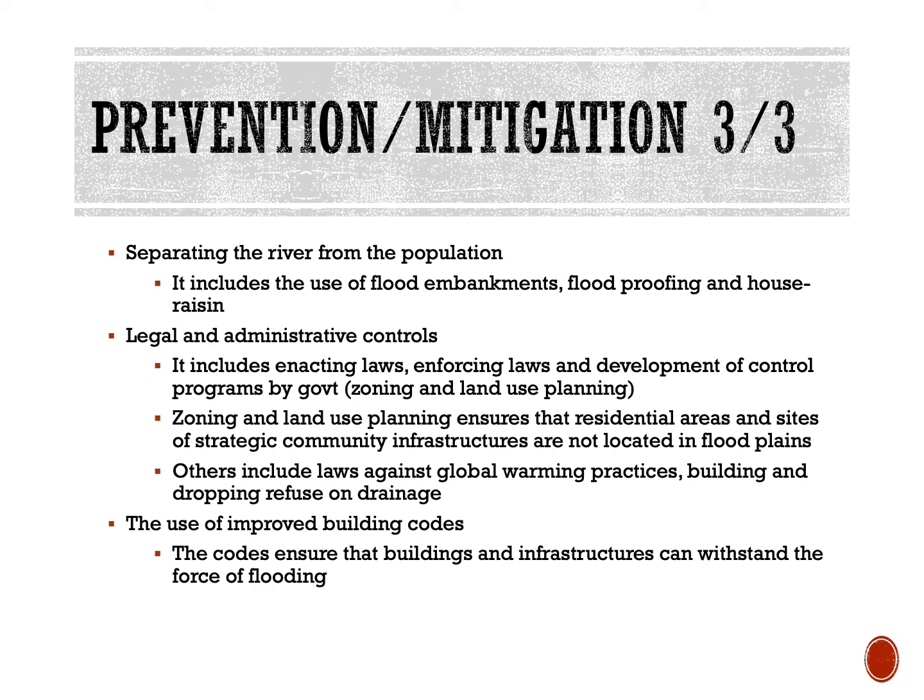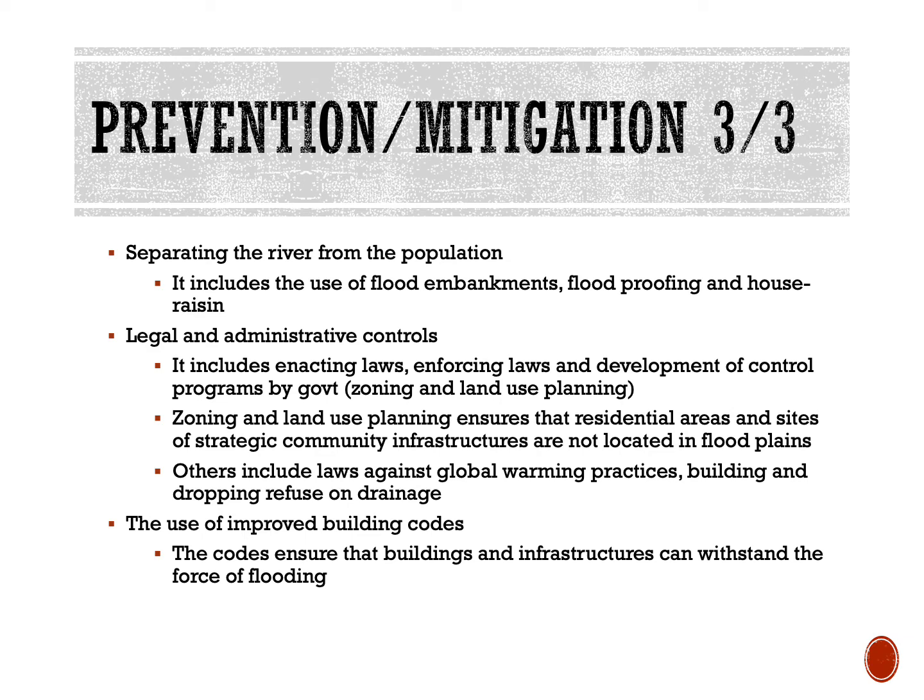Then beyond these interventions, you can also use public health policy, where you enact legal and administrative control, including laws that prevent people from blocking pavements and from building in areas that are waterlogged.